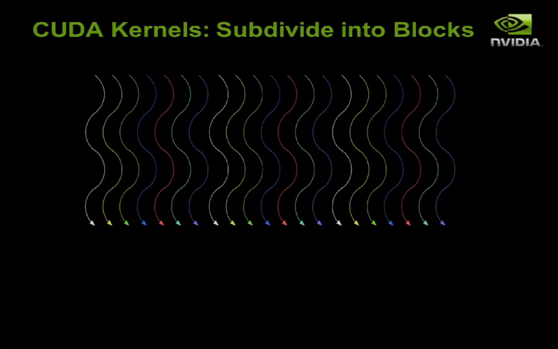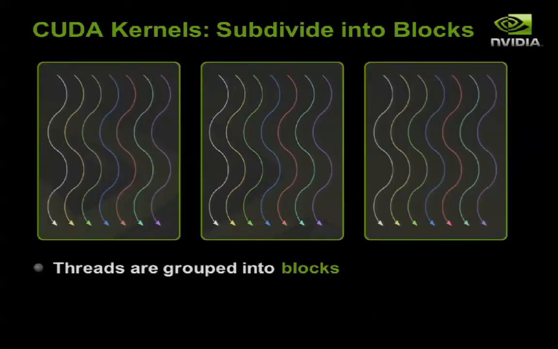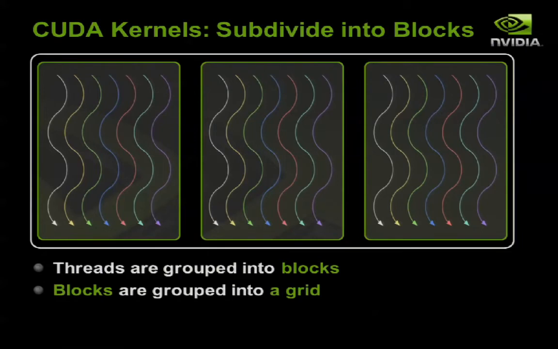Okay, a little bit of visuals. So here we have a bunch of these individual threads that are executed on the device. Now there's a hierarchy of these threads on the GPU. We have this number of individual threads. They're actually grouped into so-called thread blocks, and these blocks are grouped into a grid.